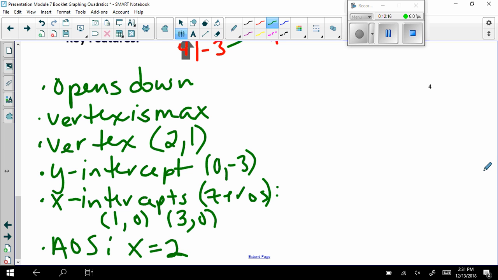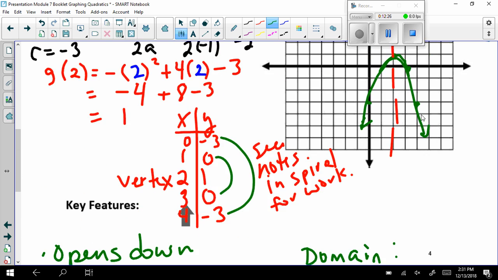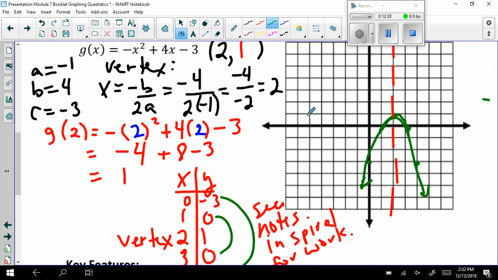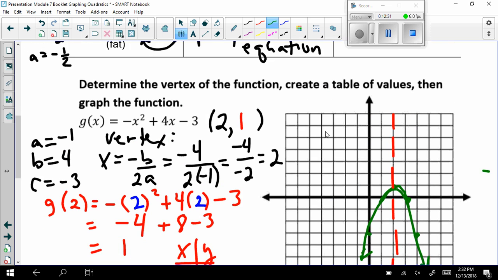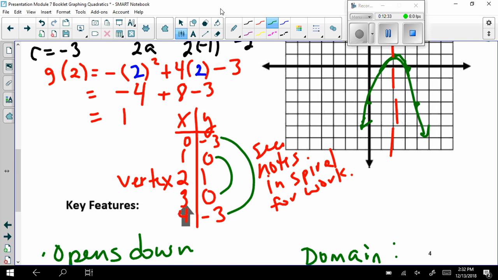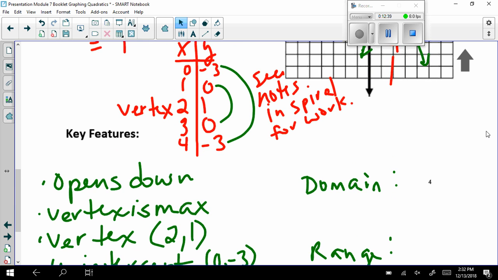And then last but not least, domain and range. I know this is a lot. So domain, you look left to right. As I look furthest to the left, sorry, I was looking for my arrow there. I've got an arrow. Furthest to the right, I've got an arrow. So I don't have anything left or right that stops me.